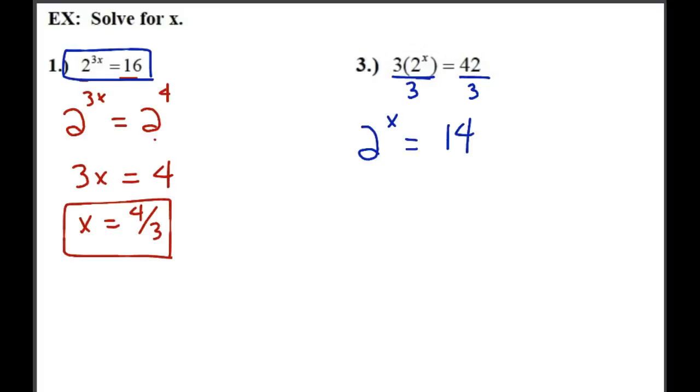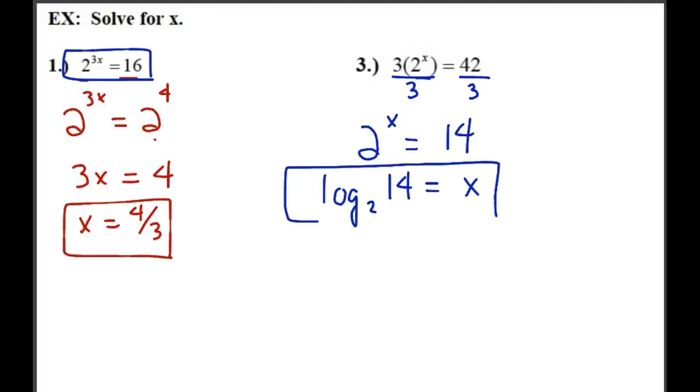So for this one, I'm going to have to rewrite this in log form. So I'm going to rewrite this as log, the base is 2 of 14, and remember logarithms equal exponents, and my exponent is x. So if I leave it like this, the exact value is log base 2 of 14. And that's fine. This is better than writing it as a decimal estimate. So I'm going to leave it like that.